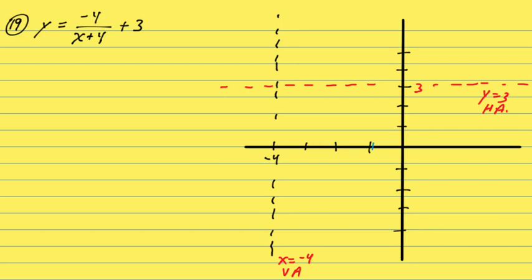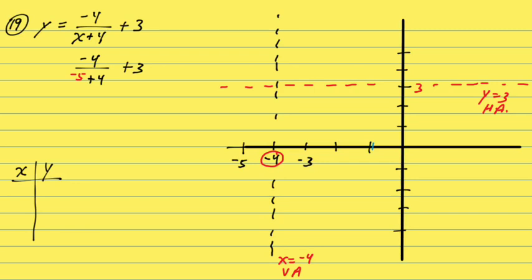And now I have to choose a value on either side of negative 4. What's to the left of negative 4? Negative 5. What's to the right of negative 4 would be negative 3. Let's make an XY table and plug these values in. Now I'm going to put what in first? A negative 5?